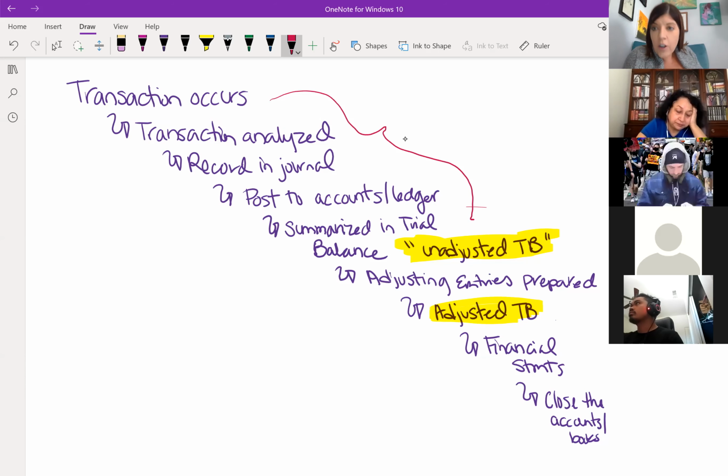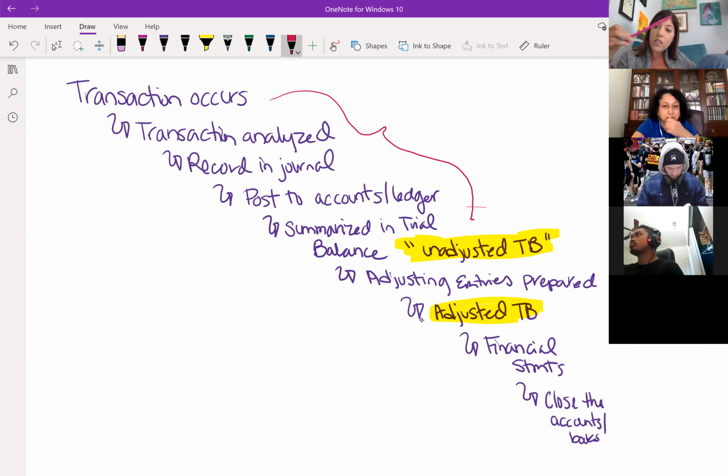That summary of the trial balance from what we just did last class is referred to as our unadjusted trial balance, meaning that not all of our accounts are correct at this point in time. They're not up to date because there are a lot of transactions that we ignore during the month, because it's not worth our time to record every single pen that's taken out of our supply closet.